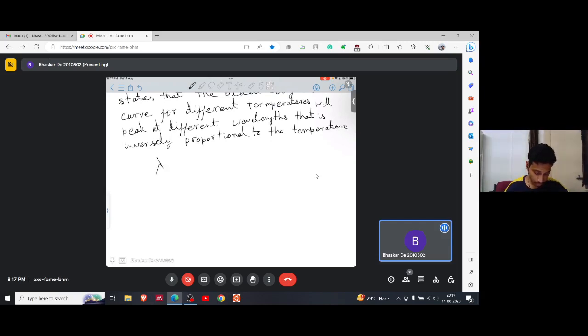In mathematical terms, lambda peak times capital T equals B, where B is equal to 2.897 times 10 to the power minus 3 mK.